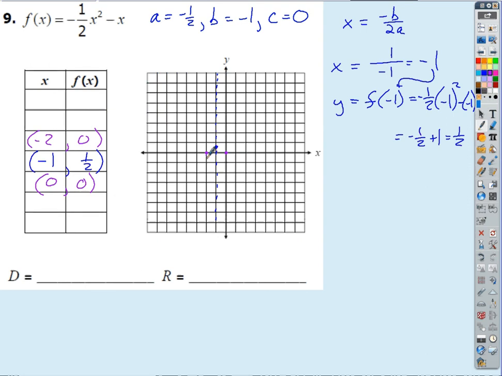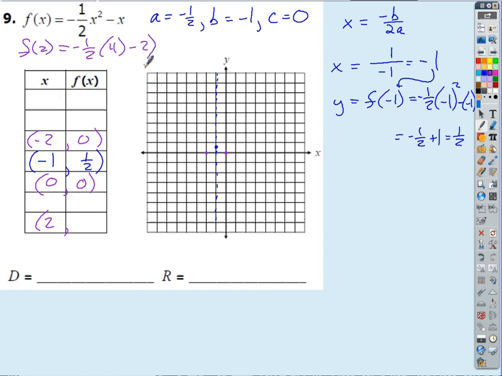So if I pick 2, look what happens. If I pick x equals 2, f of 2 equals -1/2 times 4 minus 2.